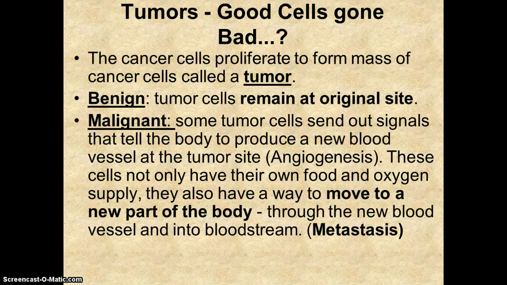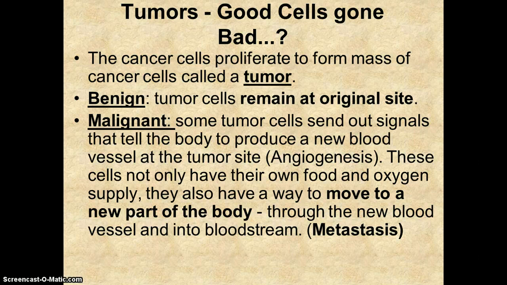Right, a lot of you have heard the word tumor, and that is basically this mass of cancer cells. Benign tumors versus malignant tumors. Benign tumors are not necessarily harmless, but they're easier to control because they remain at the original site. Malignant tumors are the ones that are bad. They end up actually sending out signals to your body to create new blood vessels.